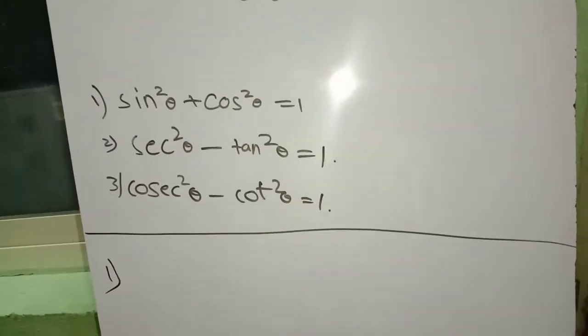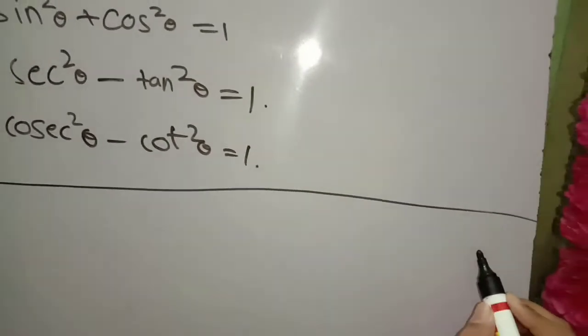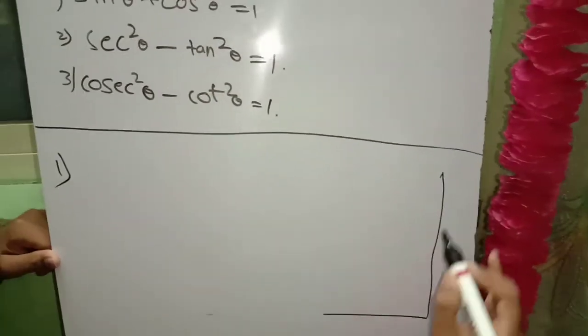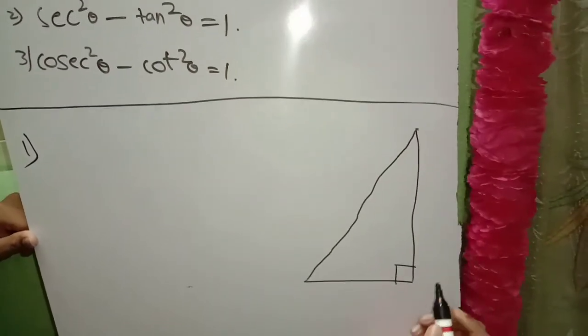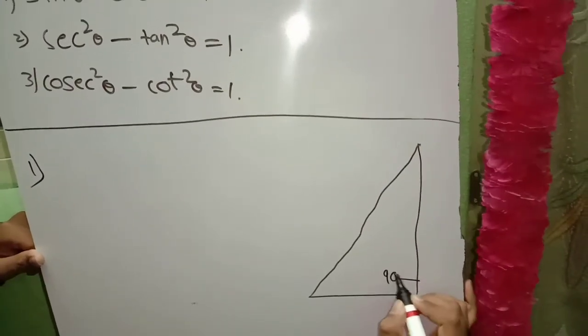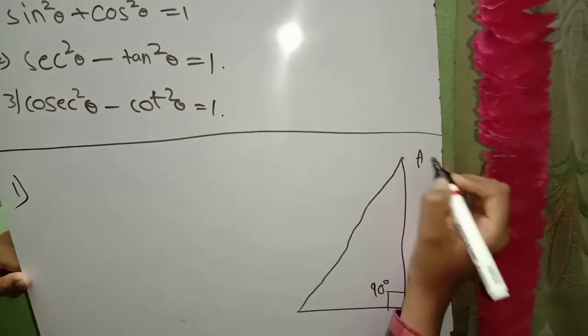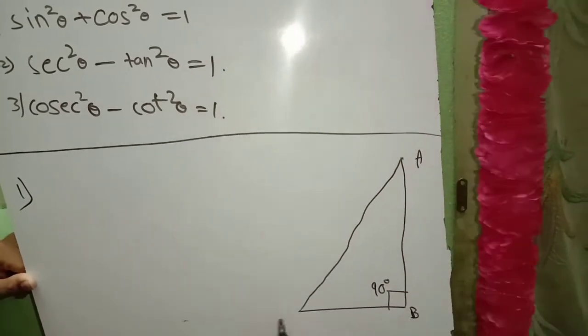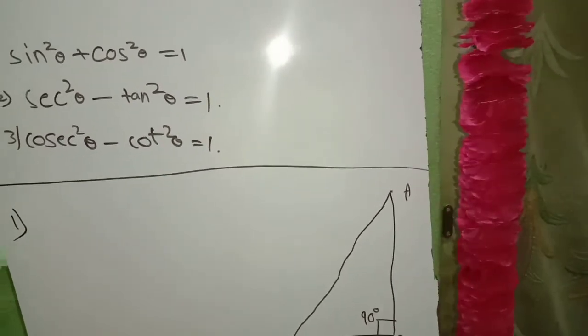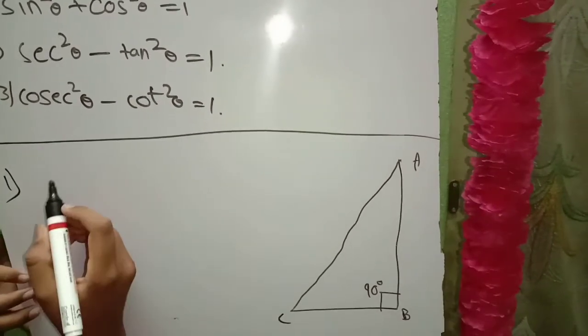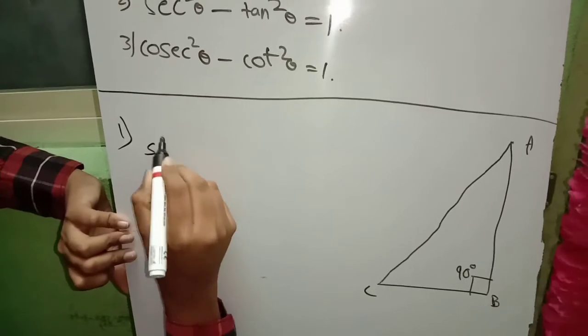So we are going to take a right angle triangle. This is 90 degrees, and let's name the triangle A, B and C. In this right angle triangle ABC, first we will take sin theta and cos theta.